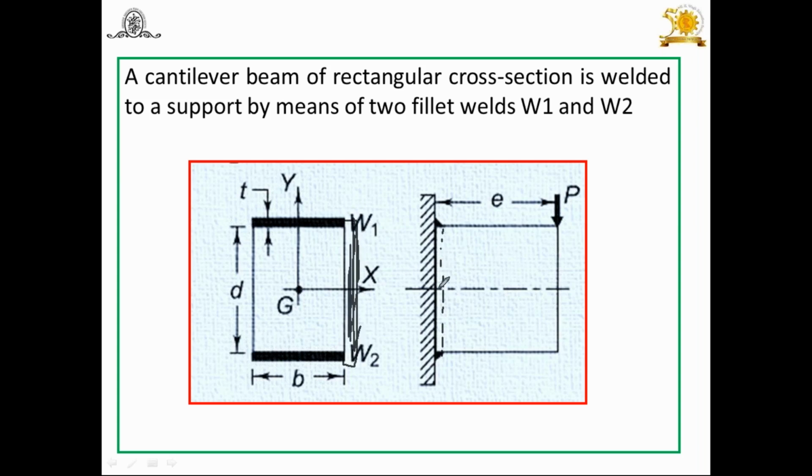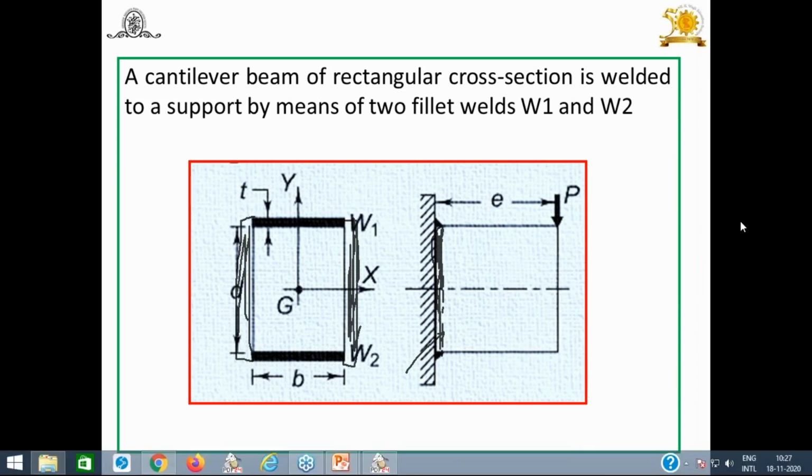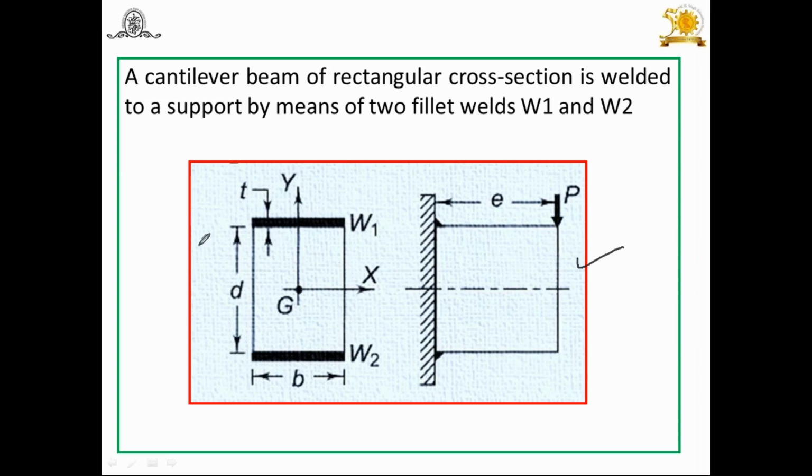If I make it solid, it means we are also using a weld on this side. So there may be 3 welds, or 4 welds. While solving a problem, you have to take care of how many welds there are. That is important. Here the side view is given, so you get the idea.